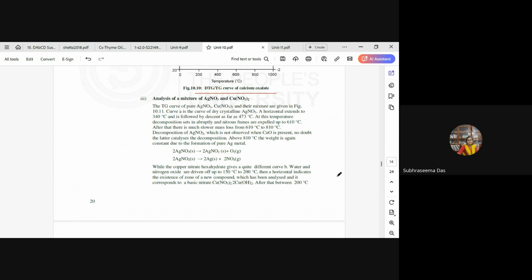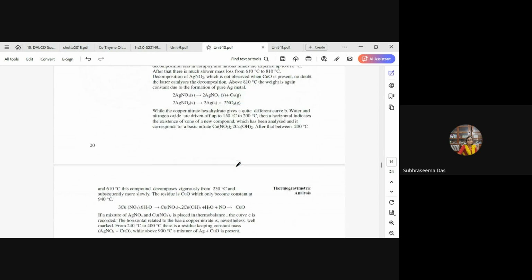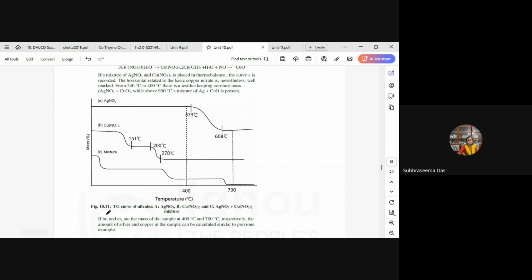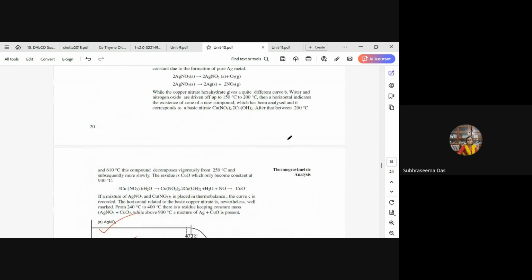Then coming to the analysis of a mixture of silver nitrate and copper nitrate. The TG curves of pure silver nitrate, copper nitrate and their mixture have been shown in figure 10.11. This is A for silver nitrate, B for copper nitrate, and C is for the mixture.